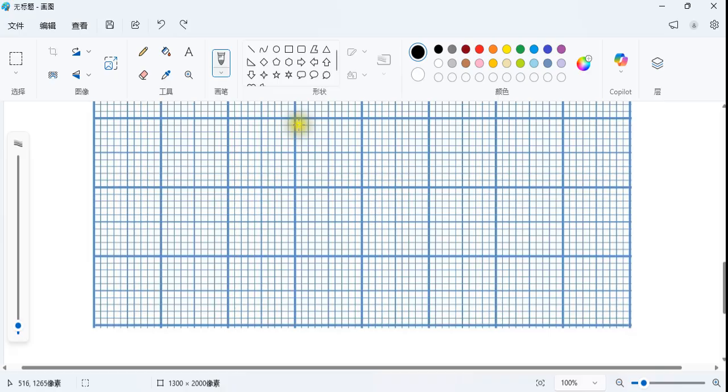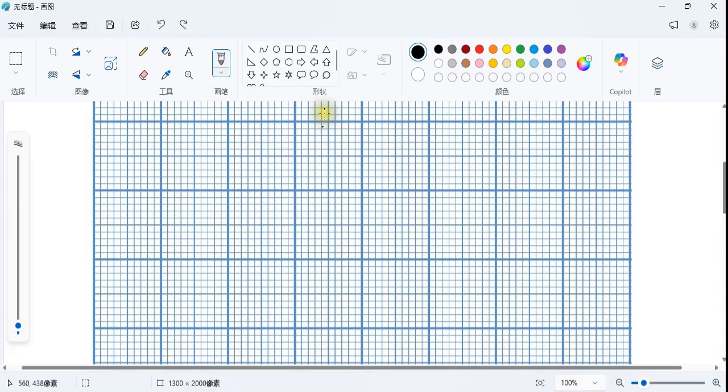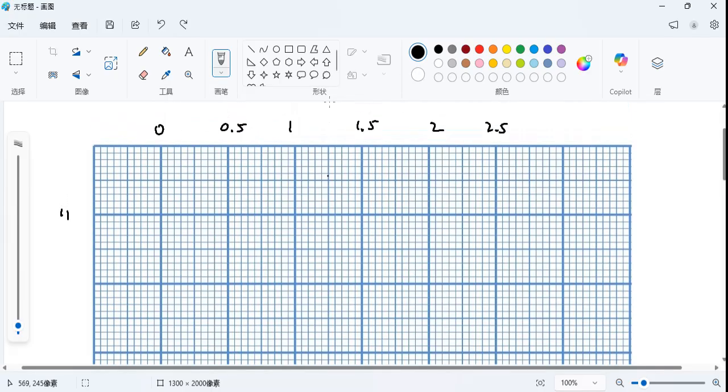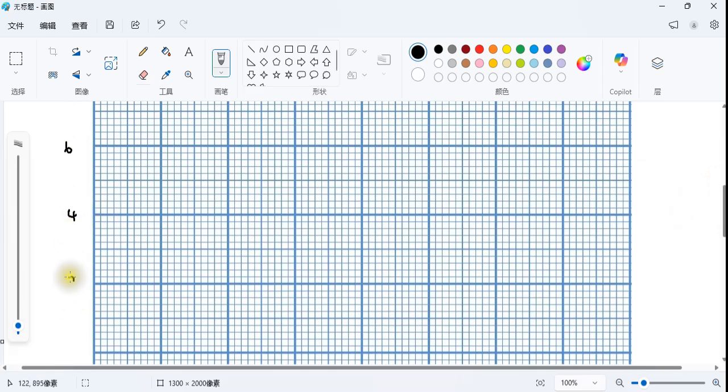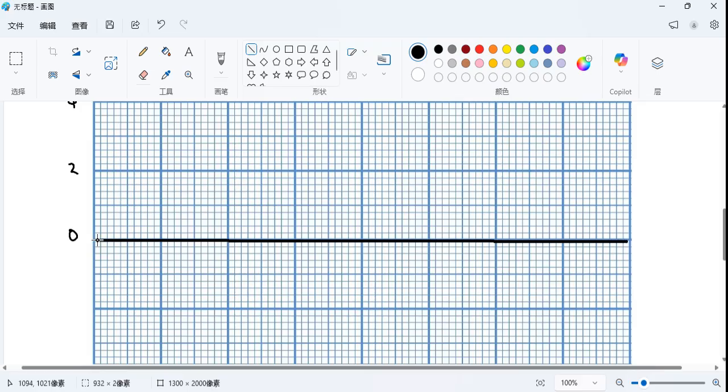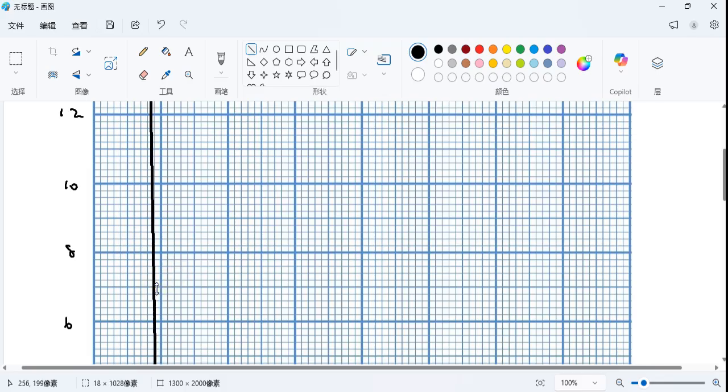So for this one, we will have 12 here, 10, and then 8, 6, 4, 2, 0. Okay, so this is the x-axis, and this will be the y-axis. So the y-intercept will be negative in this case.